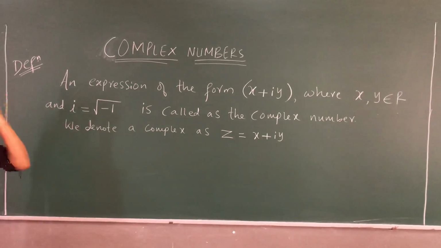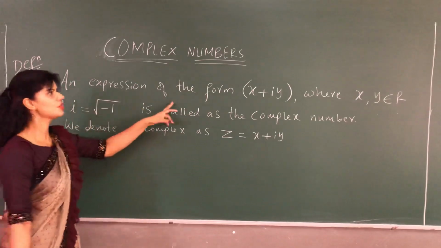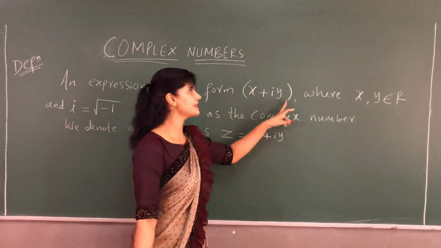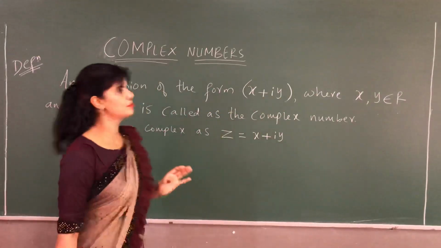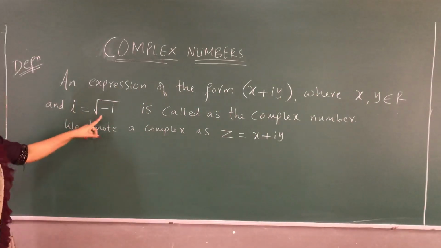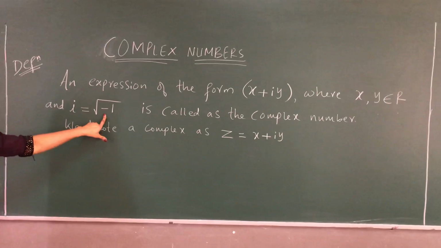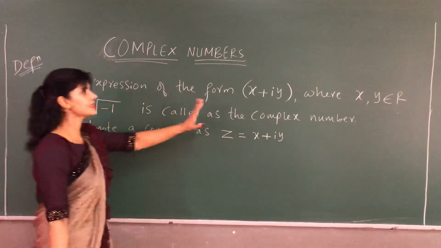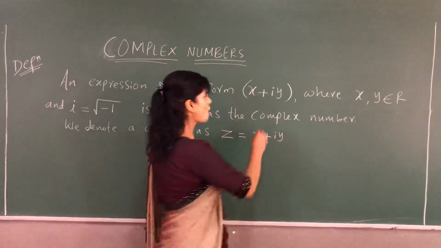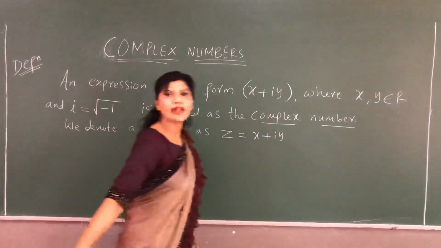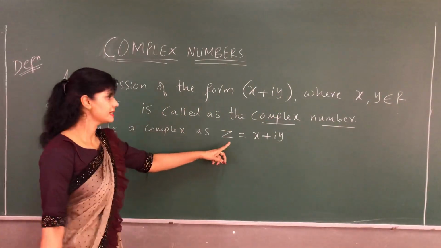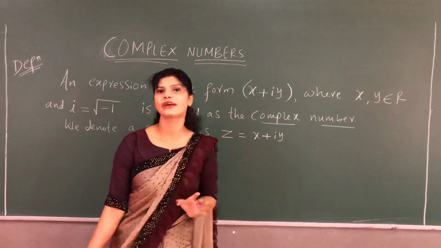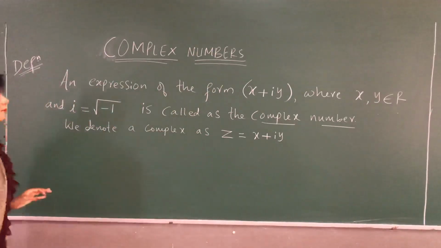A complex number is an expression of the form x plus iy, where x and y are real numbers, and i is equal to under root minus 1. Such an expression is called a complex number, and we denote it as z, children.